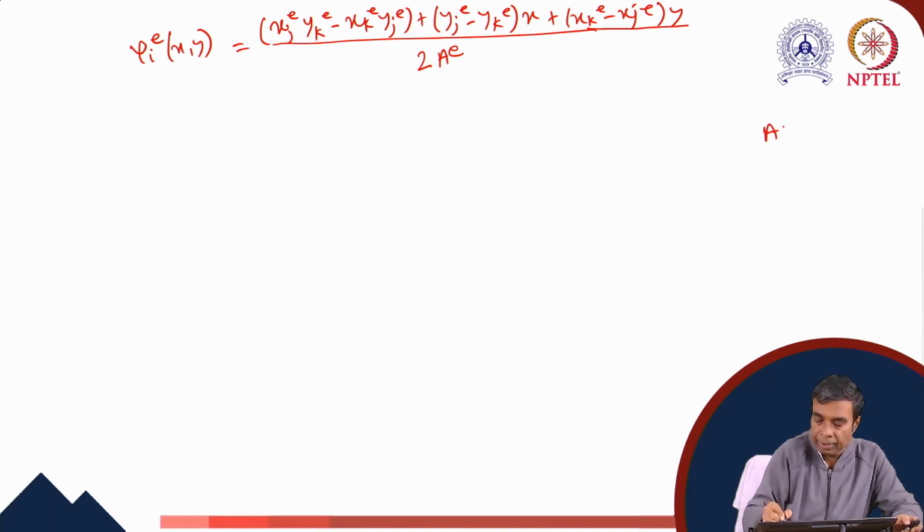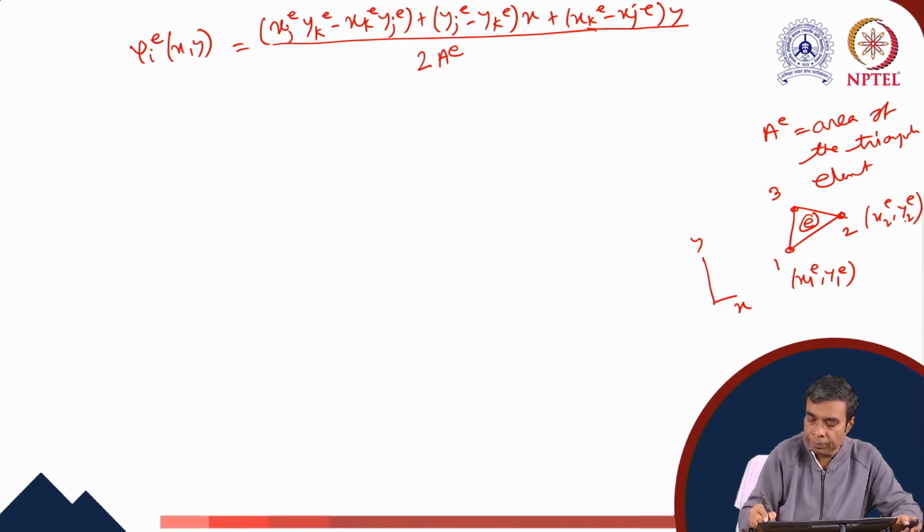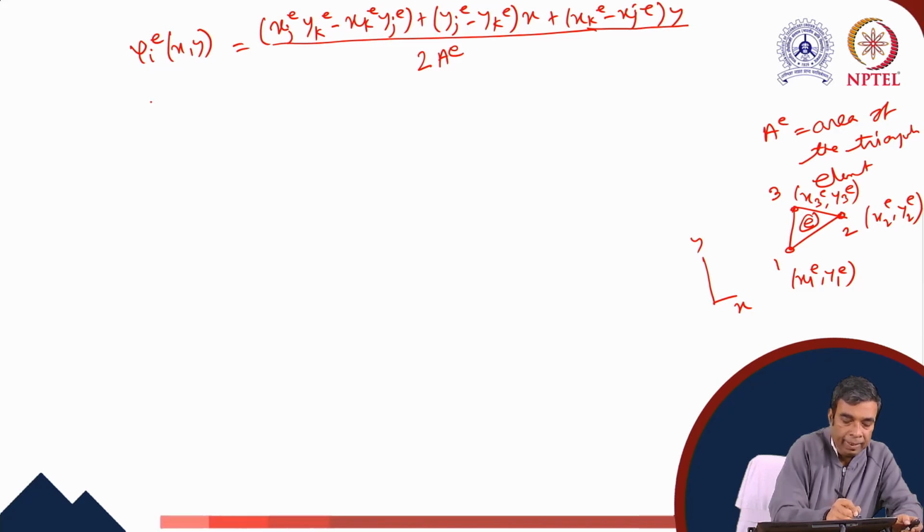Here AE equals the area of the triangular element. So this is an arbitrary triangular element E. Its local nodes are 1, 2, 3. Its actual or global coordinates are x1e, y1e, x2e, y2e, and for node 3 we have x3e and y3e. In this expression, i is not equal to j is not equal to k.